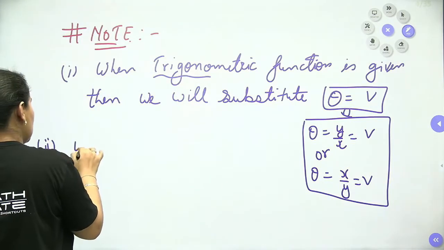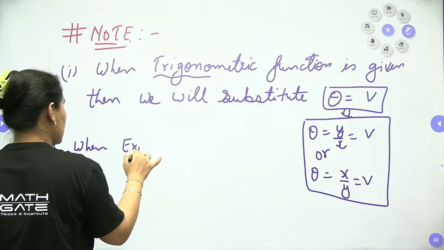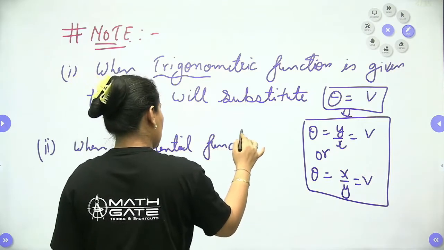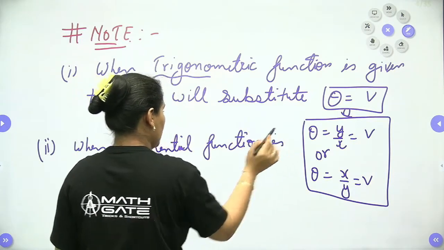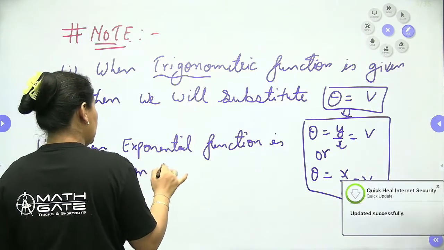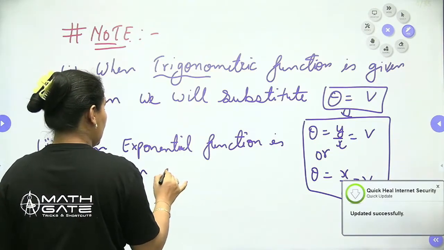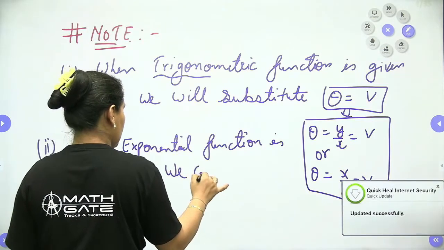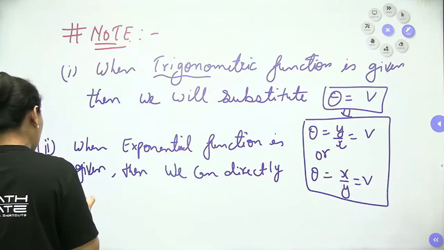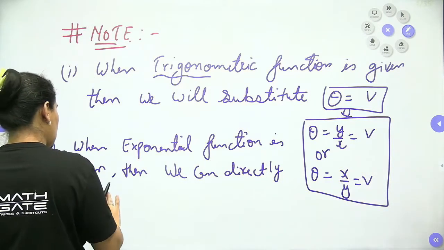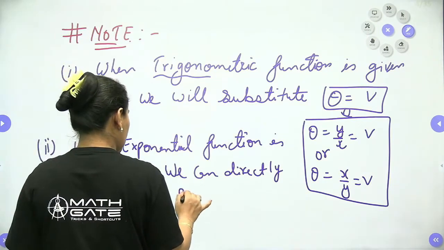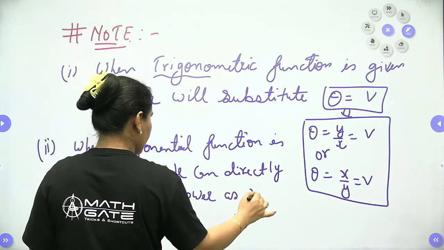Now let's talk about the second one. When an exponential function is there, dear students, and an exponential function is given, then we can directly put the given power as v only.